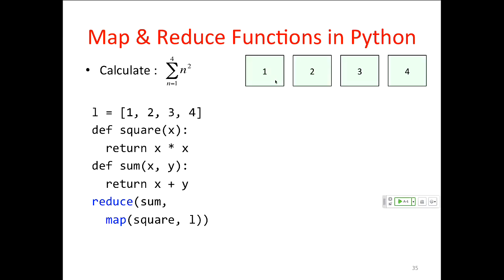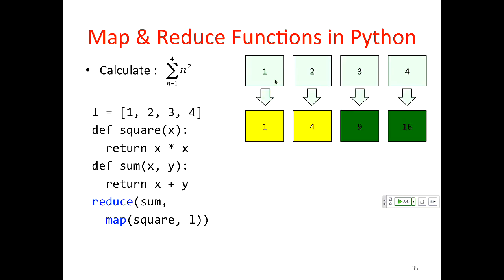So let's see. We have a data set here. Then the map function applies this scale function to each element inside this list, so you can get the scale of each element, like this.